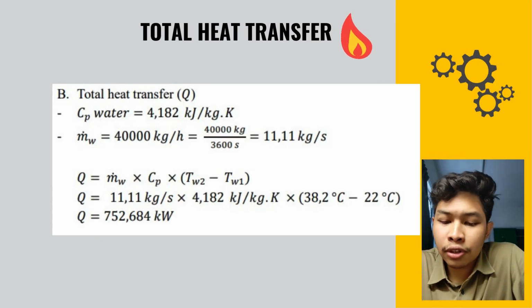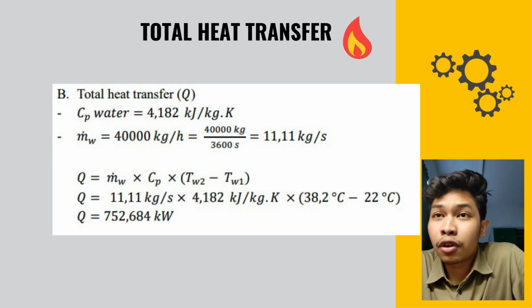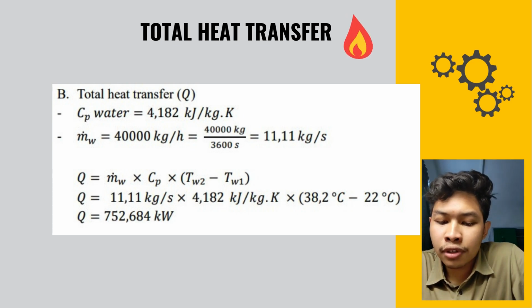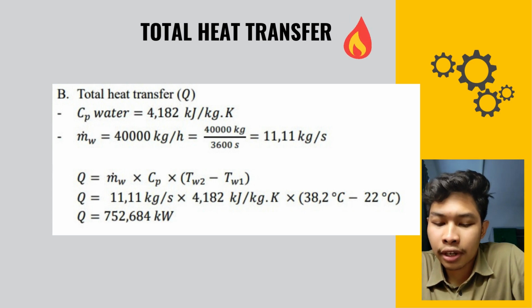Question B is the total heat transfer, Q. To find the total heat transfer, we have to know the specific heat coefficient of water, 4.182 kilojoule per kg, and the m.w, which is 40,000 kilogram per hour from the question. We transform it to kilogram per second and get 11.11 kg per second.